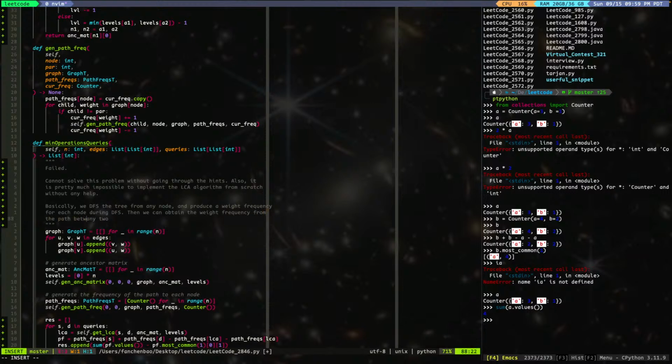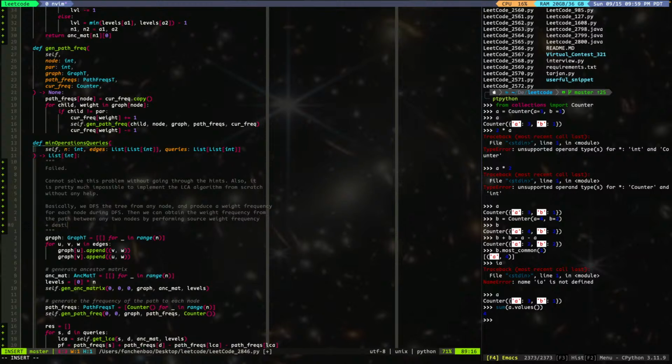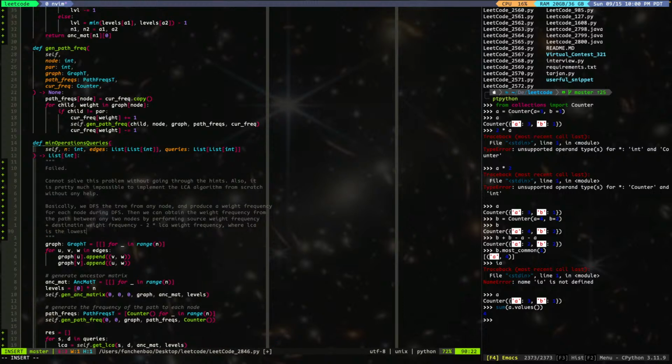the path between any two nodes by performing source weight frequency plus destination weight frequency minus 2 times LCA weight frequency, where LCA is the lowest common ancestor of source and destination.